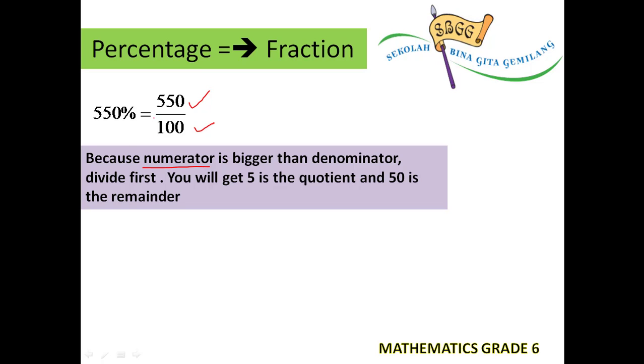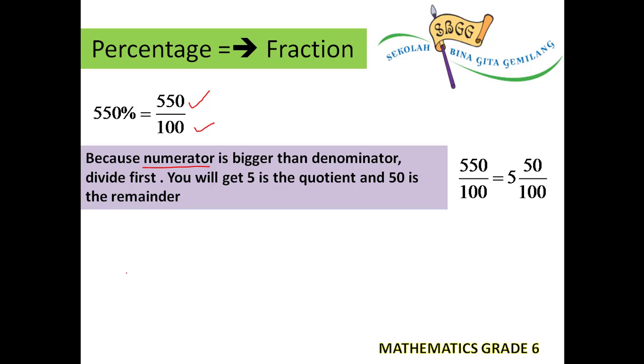Divide first. 550 divided by 100, you'll get 5 as the quotient and 50 as the remainder. I think you still remember how to divide this, right?